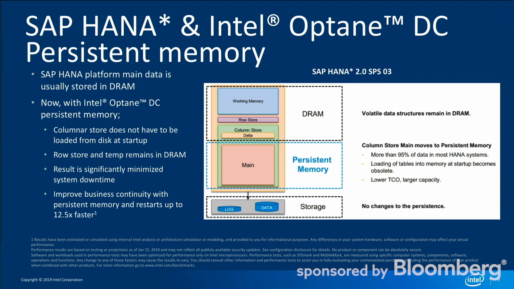So the value in this particular solution is on restart time. Using persistent memory now, as opposed to disk, has dramatically improved SAP HANA restart time. I think in one of the tests that we ran, it took a 40-minute or 50-minute restart time down to 3 or 4 minutes. So it was a dramatic improvement.